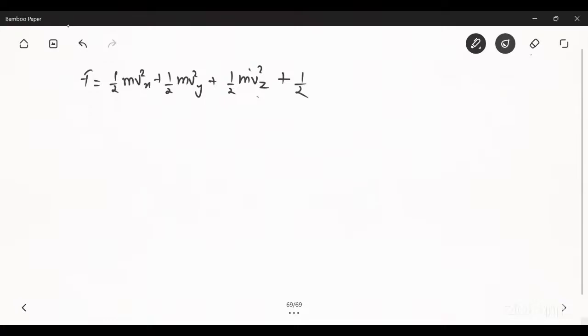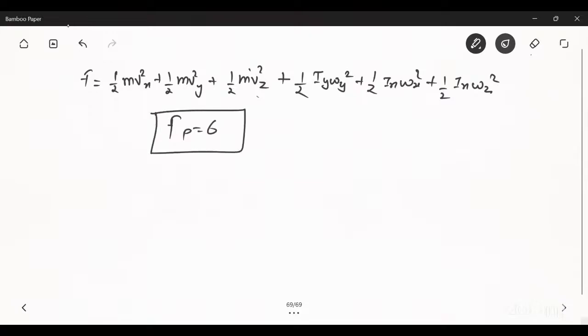So that's why a polyatomic molecule has 6 degrees of freedom, with rotational terms half I y omega y square plus half I x omega x square plus half I z omega z square. So a monoatomic molecule has 3 degrees of freedom, a diatomic molecule has 5 degrees of freedom, and a polyatomic molecule has 6 degrees of freedom.